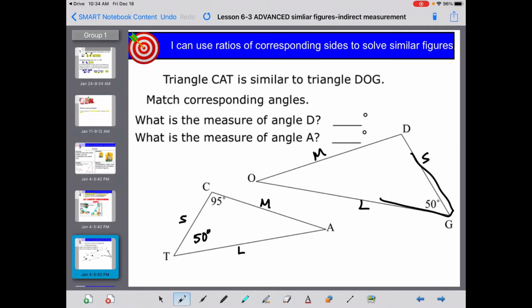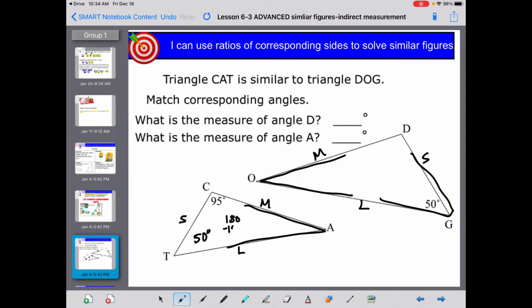Now, how do we find this last angle? You learned in 6th grade that when you add all of the angles in a triangle, they equal 180 degrees, didn't you? So 50 plus 95 is 145.